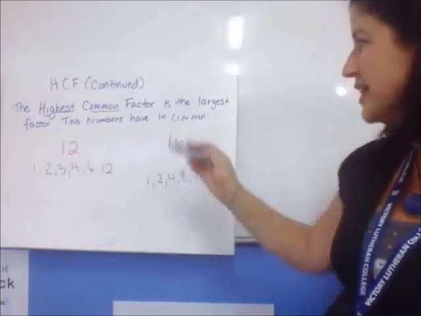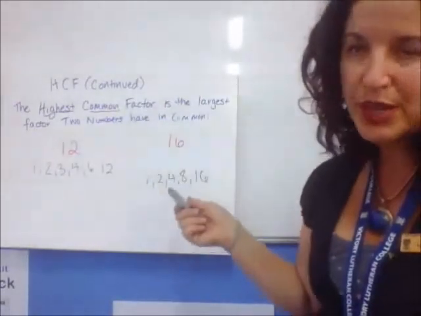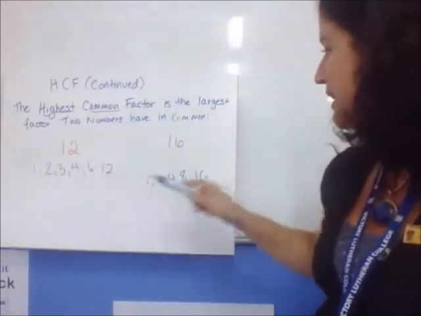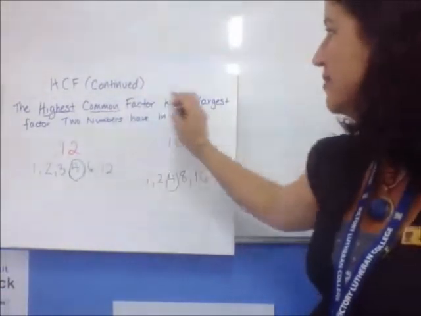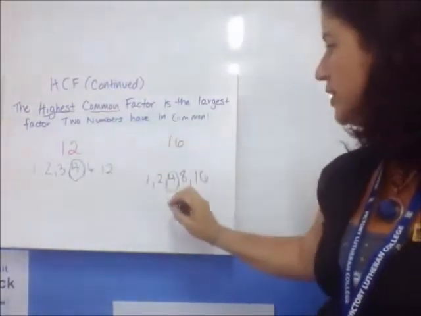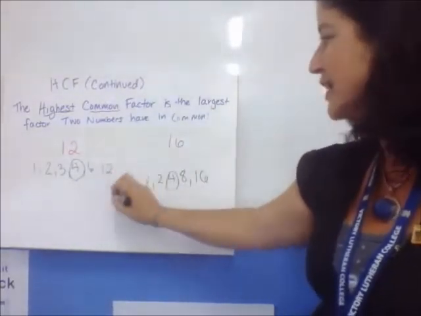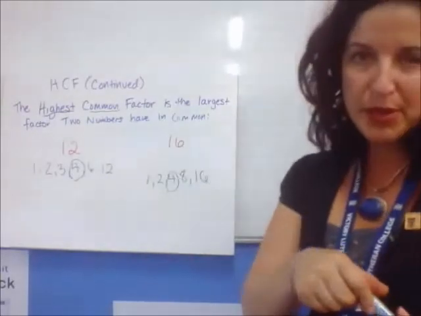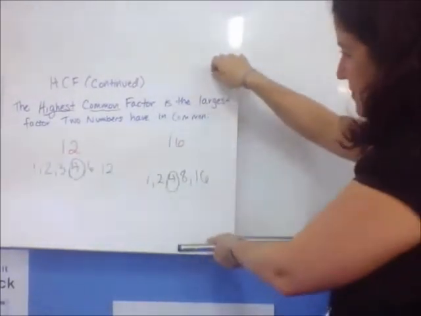Okay, so when we're looking for the highest common factor, what's the biggest number that these two numbers have in common? And you can see here that it's 4. So the highest common factor between 12 and 16 is 4, which means that if you had a fraction, you could divide both the top and the bottom number by 4 and reduce your fraction, which is what I'm going to show you next.